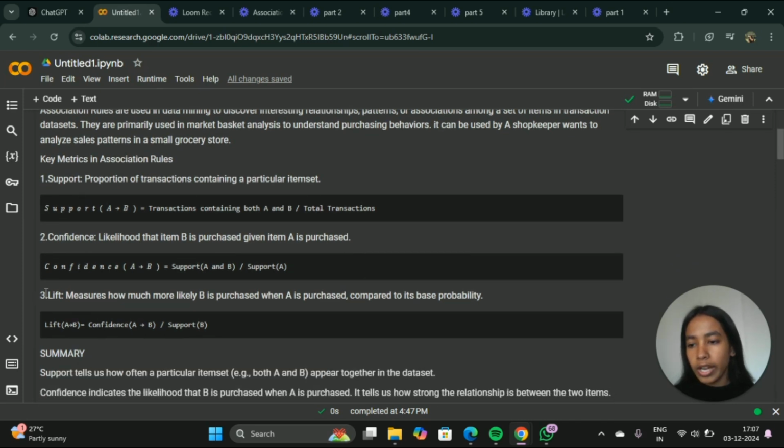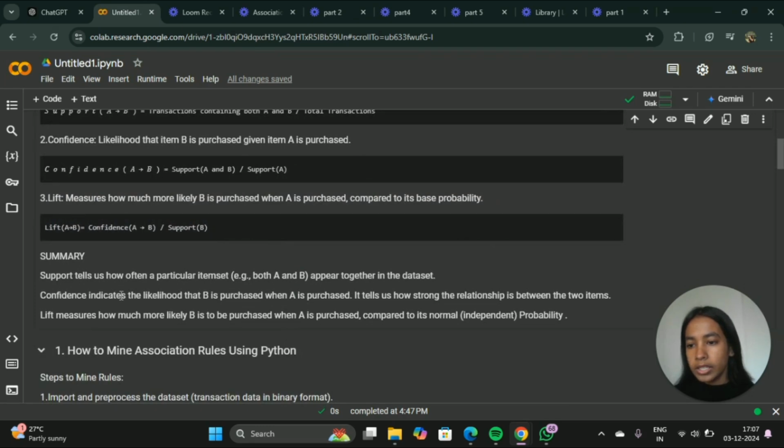Then we are going to look at lift. Lift measures how much more likely item B is purchased when item A is also purchased compared to its base probability. To calculate lift from A to B, we use this formula: lift from A to B equals confidence from A to B divided by support of B. Support tells us how often a particular item set appears together in a data set.